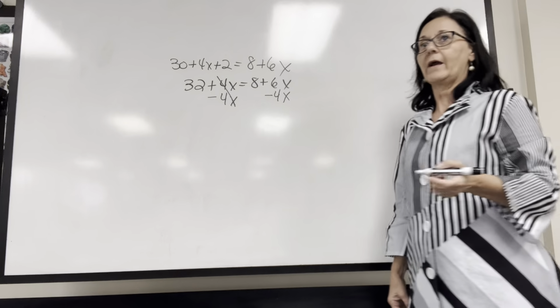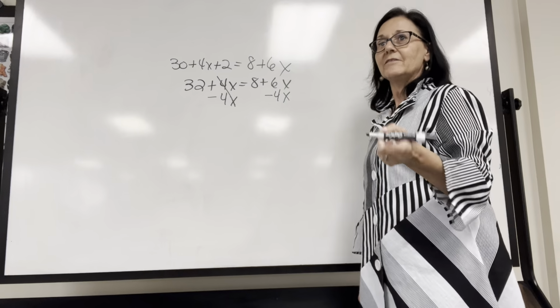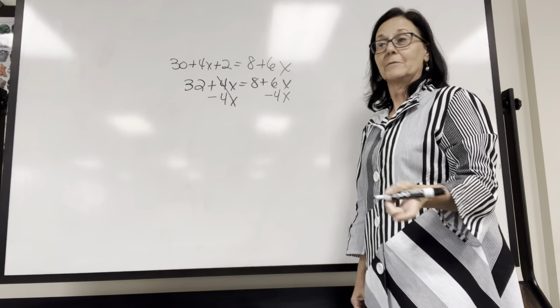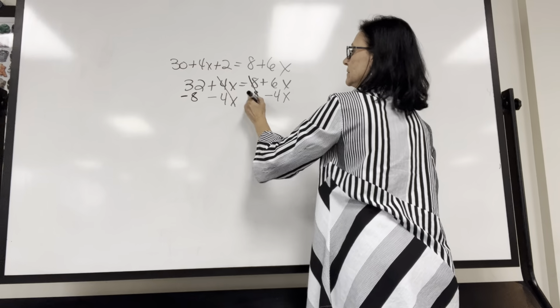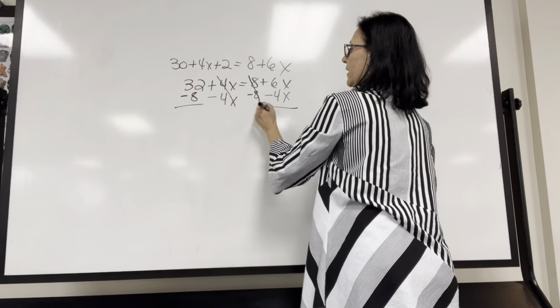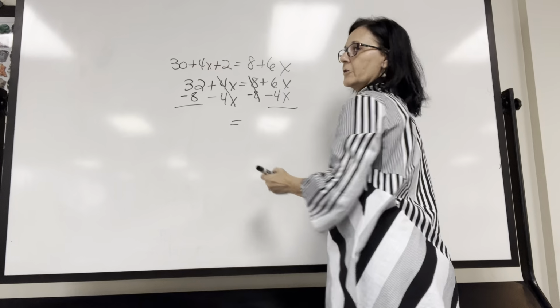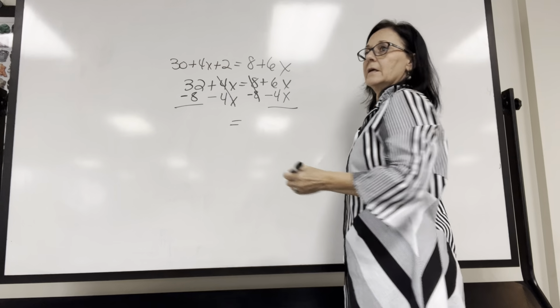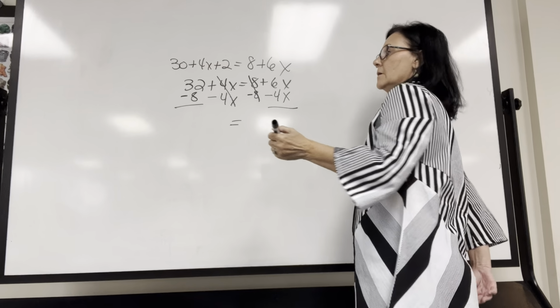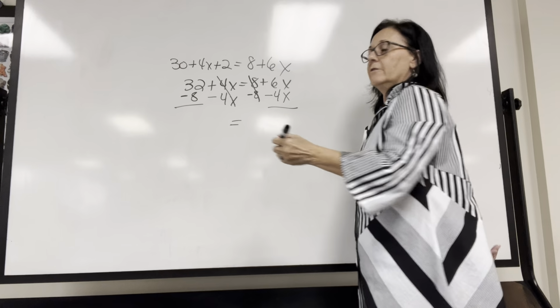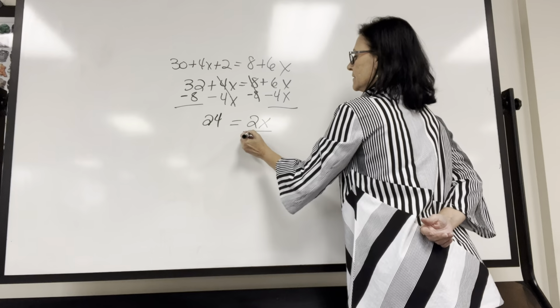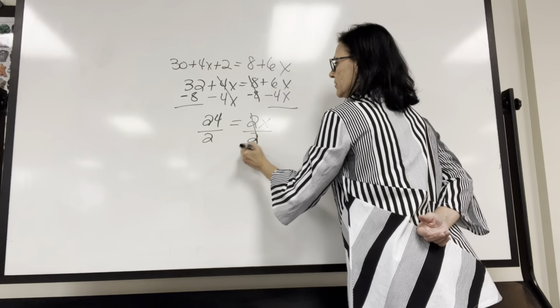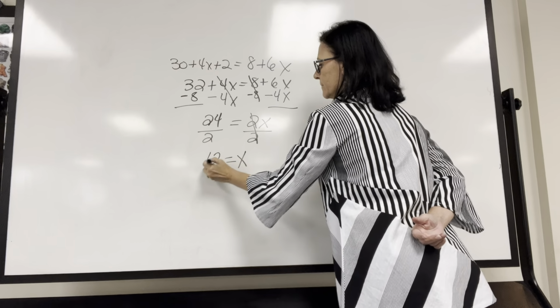It's a number. That's correct. That's math terminology. You're going to subtract your constant from both sides so that we're left with the equal sign in between. What's 32 minus 8? 24. So 24 equals 2x. Divide every term by 2. The value of x is 12.